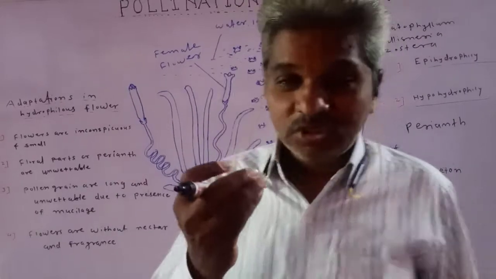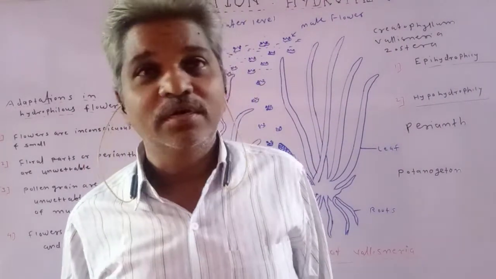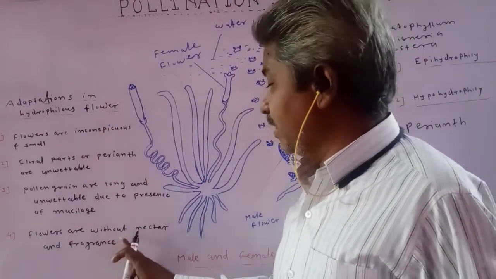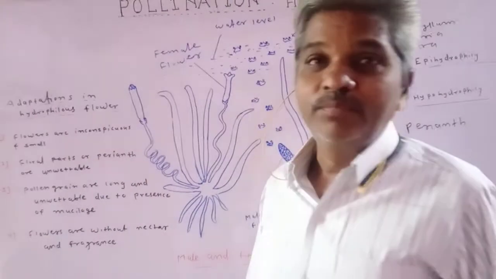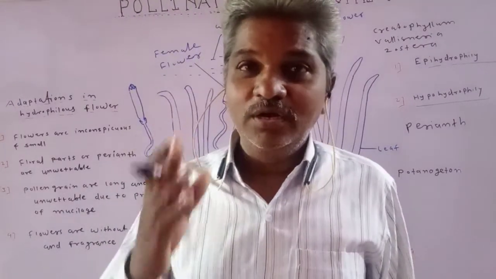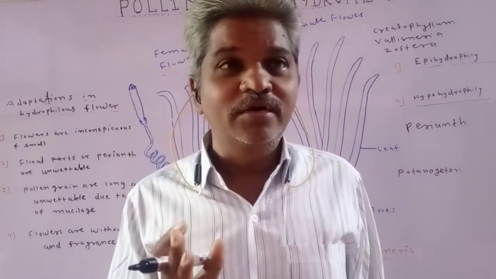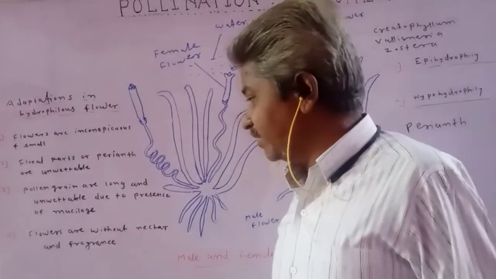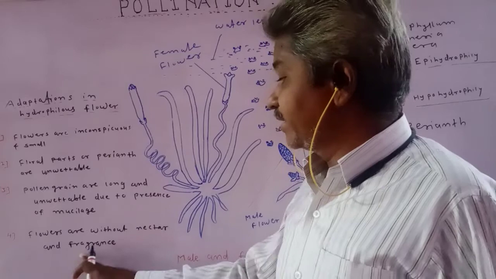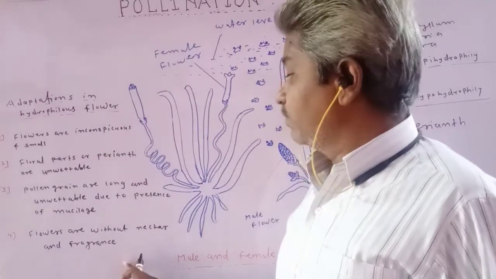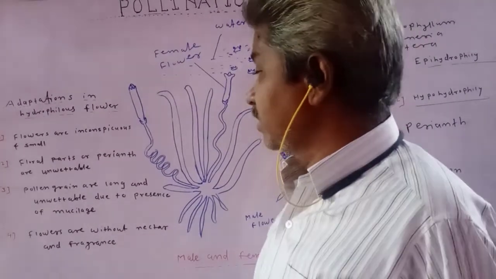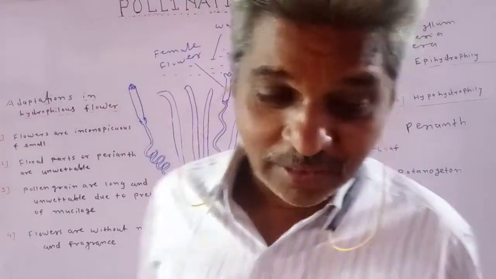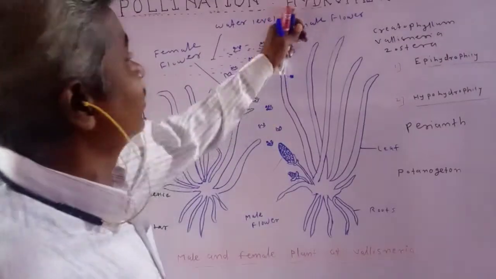Nectar is a sweet watery secretion of the flower. Hydrophilous flowers are without nectar because the pollinating agency is water, which is non-living, so these flowers are less attractive and without nectar and fragrance. These are some adaptations for hydrophily.